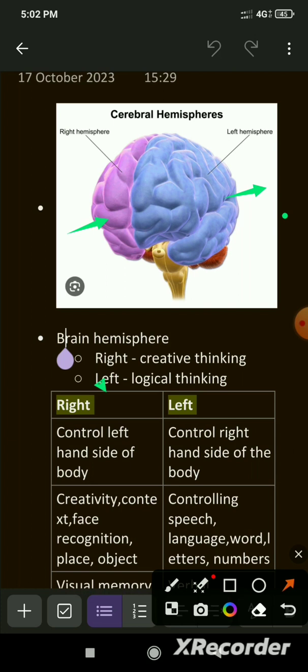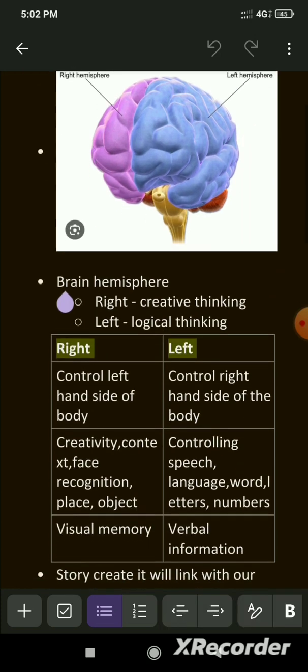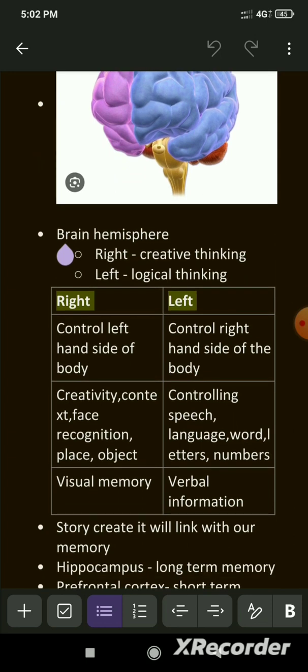The right side controls the left-hand side of our body, and the left side controls the right-hand side of the body. It is vice versa.